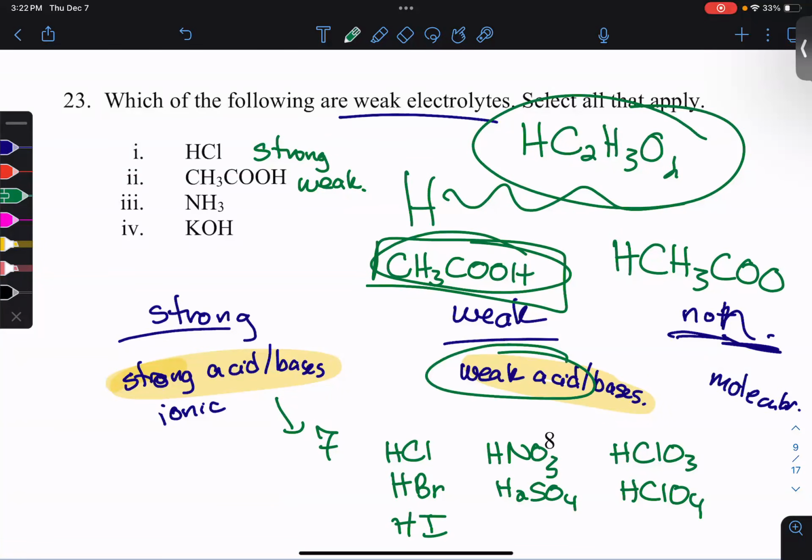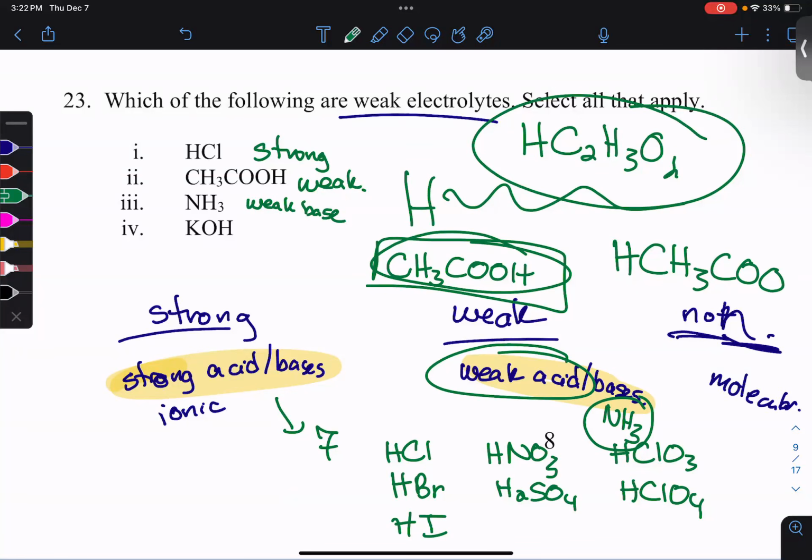Well, what about weak bases? In Chem 1210, there's only one that you need to know for now, and that is NH3, ammonia. NH3 is the only weak base you need to know. So NH3 is a weak base, so it's a weak electrolyte.